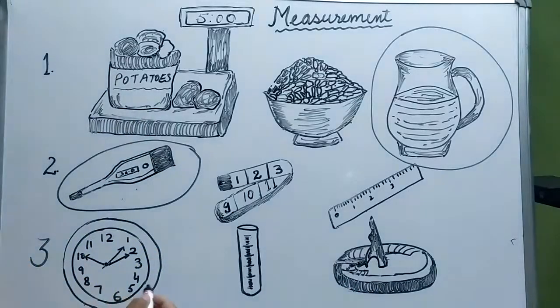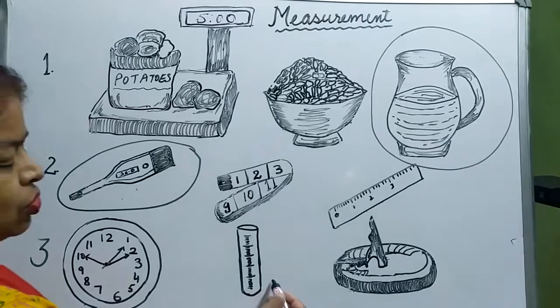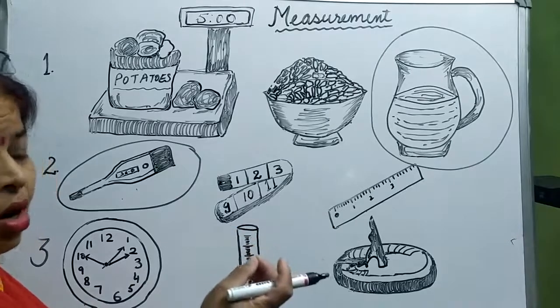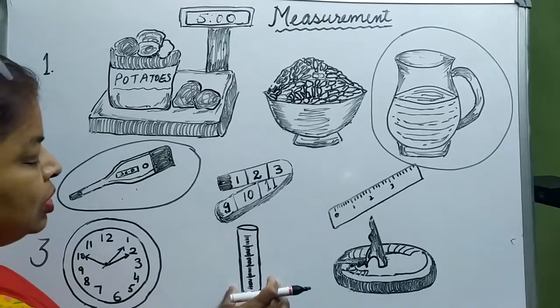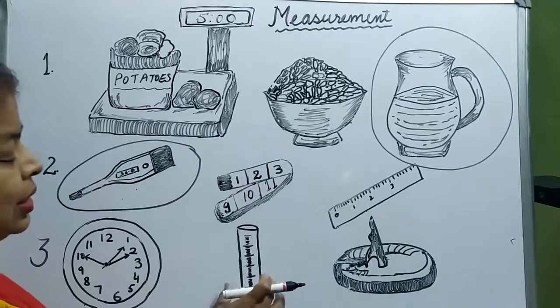So now just think about it: out of these three, which one is the odd one? This is used to measure time. Nowadays we use clocks and digital watches. This is used to measure a small amount of liquid substance, a graduated test tube.